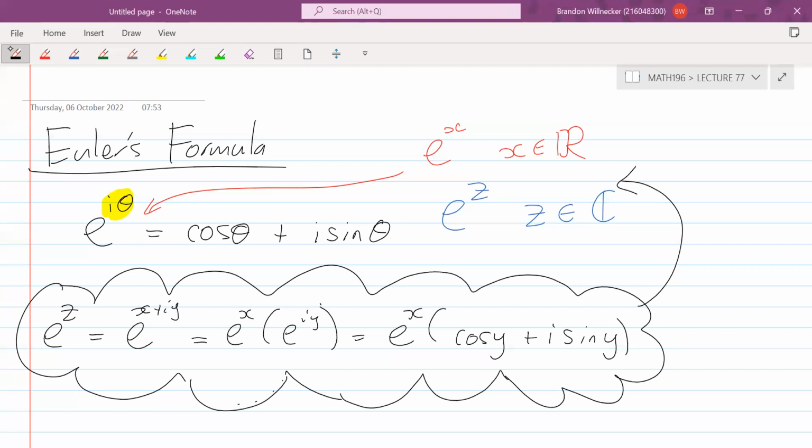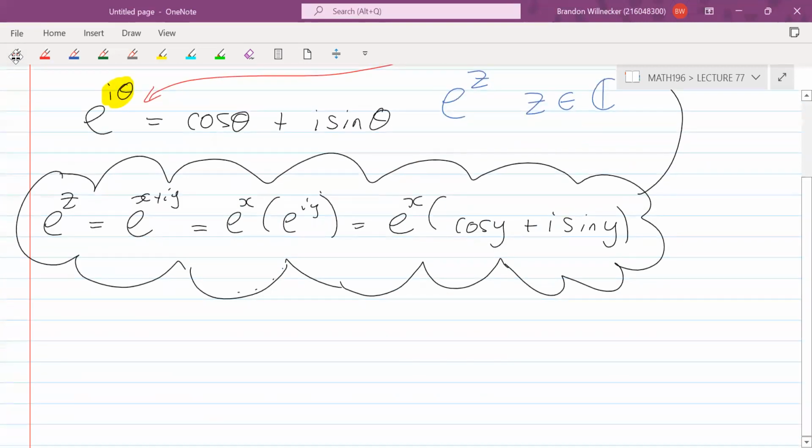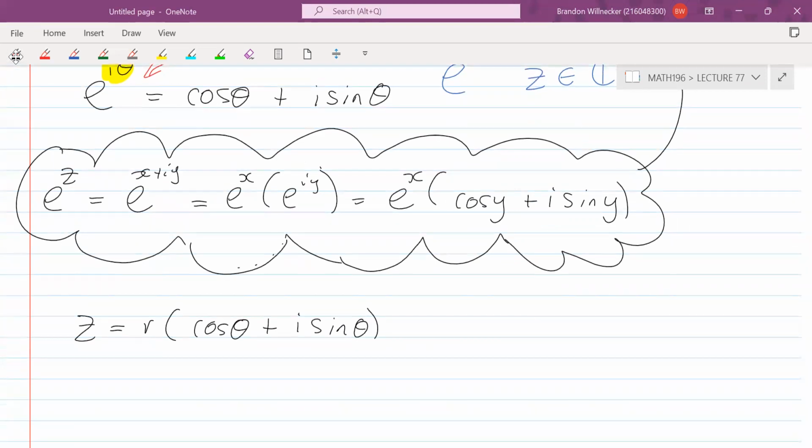So how is this helpful? Well, let's write this out again and try to find the power of a complex number using Euler's formula. If we have some complex number z in polar form, we know we can write this as r times cos theta plus i sin theta. That's from before.